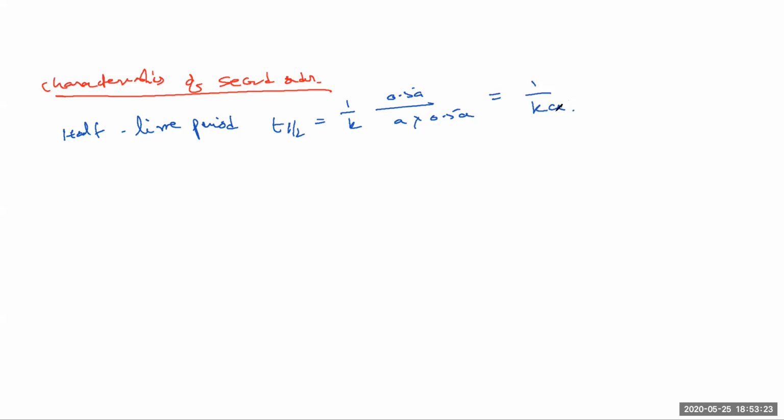1 by Ka. So the first equation is substituted where x is the change in concentration. In the first equation we derived, K is equal to 1 by t into x by A into A minus x. So the change of concentration x becomes 0.5 A, and A minus x is 0.5 A. By substituting, that is the K value. So that means the half-life is inversely proportional to the initial concentration.